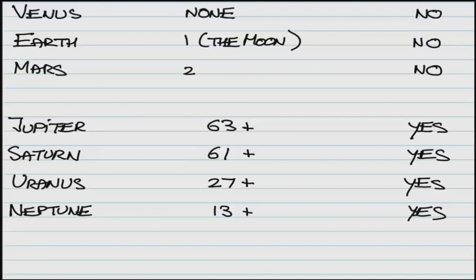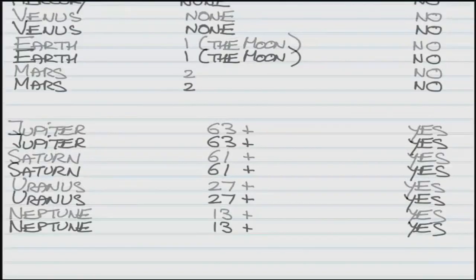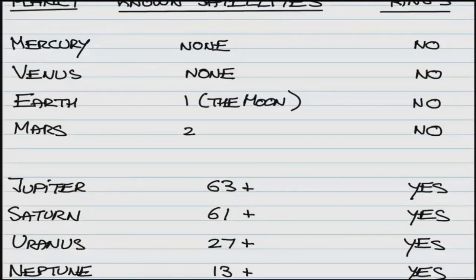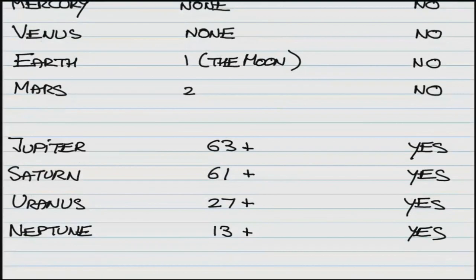And all Jovian planets have rings, all of them. So look at the difference. Terrestrial planets: no or very few satellites, definitely no rings. Jovian planets: all of them have certainly more than 10 satellites, and they all have rings.